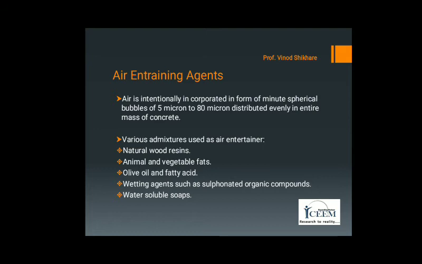Air entrained concrete is made by mixing a small quantity of air entraining agent or by using air entraining cement. These air entraining agents incorporate millions of non-coalescing air bubbles which will act as flexible ball bearings and will modify the properties of plastic concrete regarding workability, segregation, bleeding, and finishing quality of concrete.